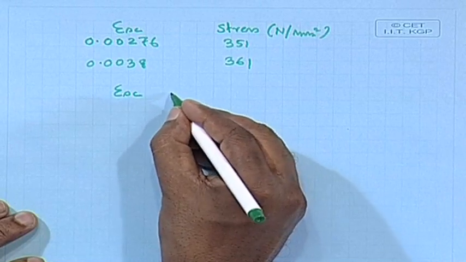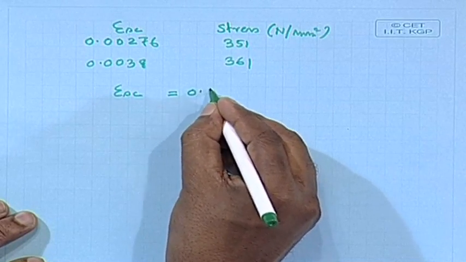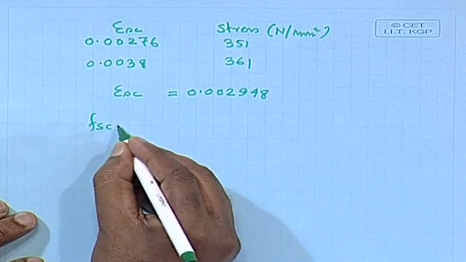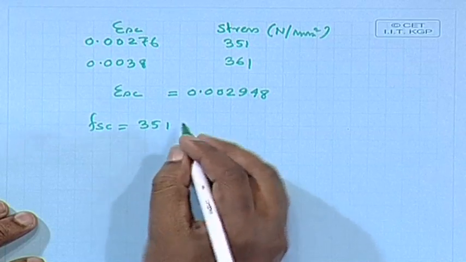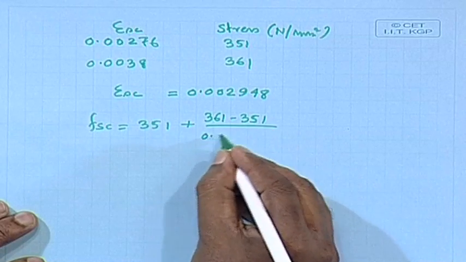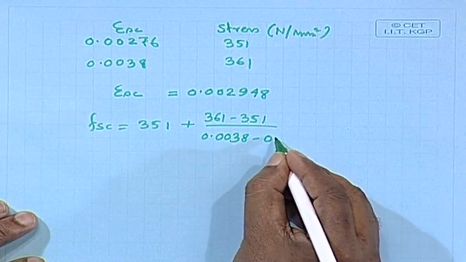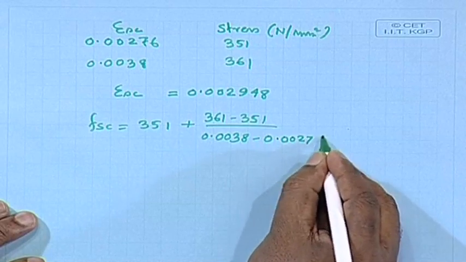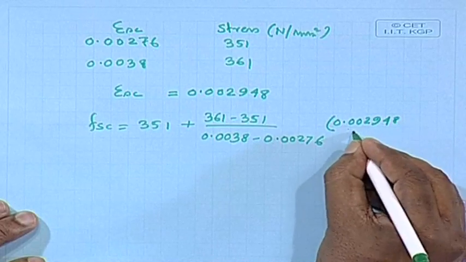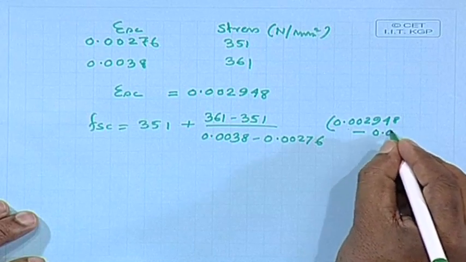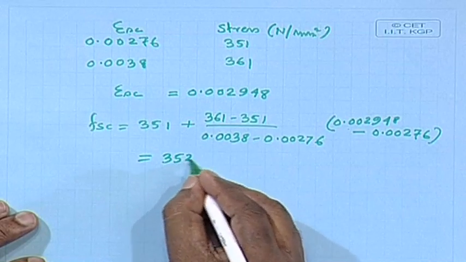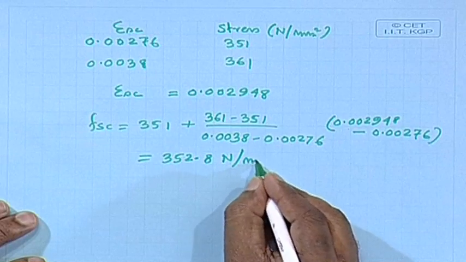Therefore, epsilon SC computed 0.002948, fsc equal to 351 plus 361 minus 351 multiplied by 0.002948 minus 0.00276 over 0.0038 minus 0.00276 equals 352.8 Newton per square millimeter.